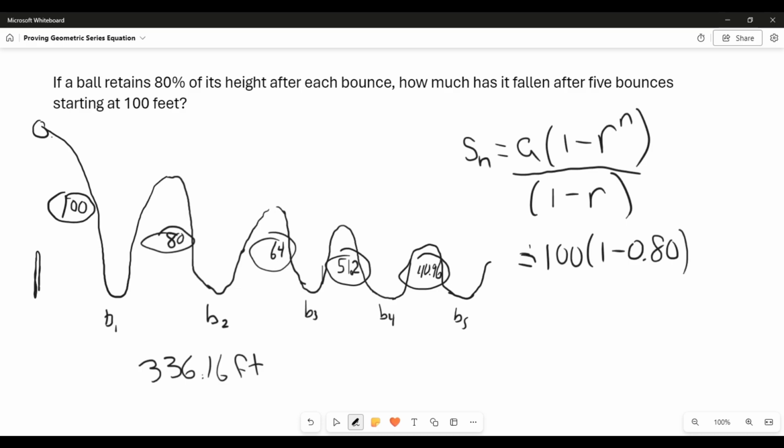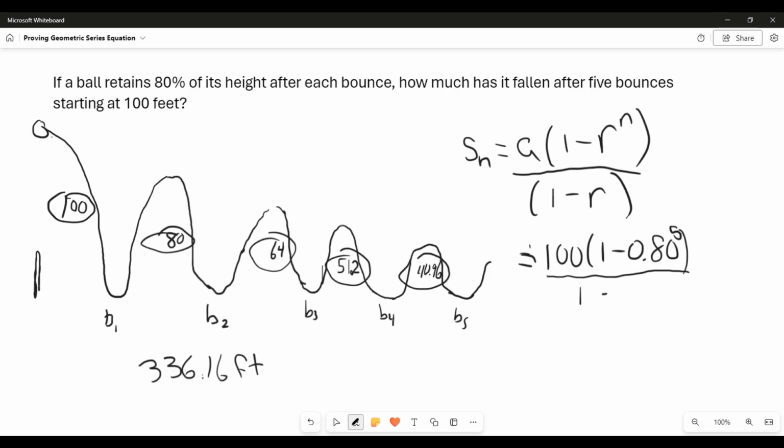And now you're taking that, oops, I shouldn't have put the parenthesis there. You're taking it to the 5th power. So it's 0.80 to the 5th power.